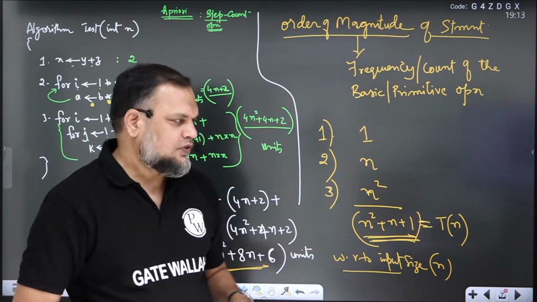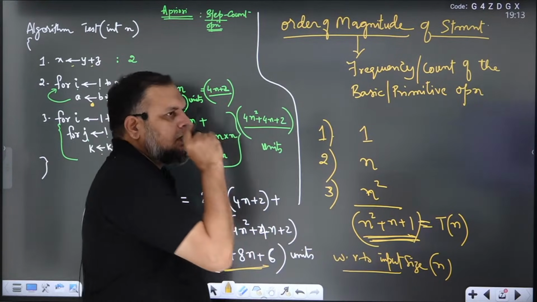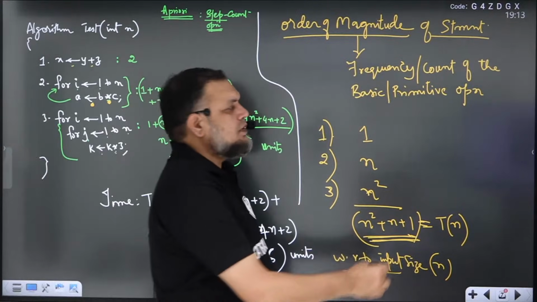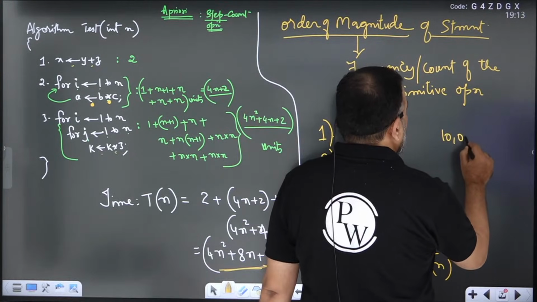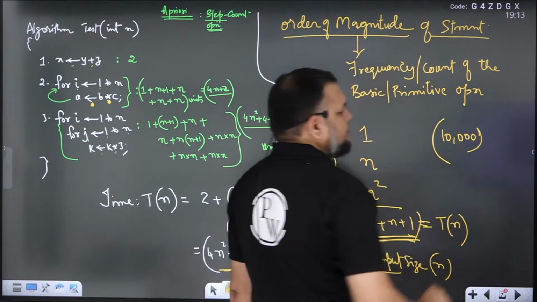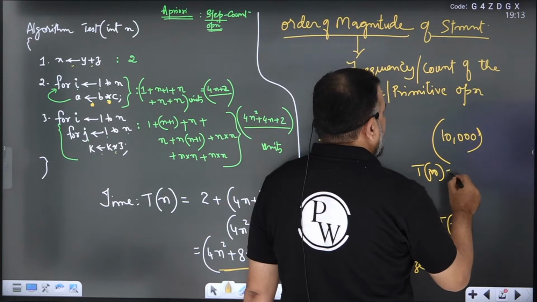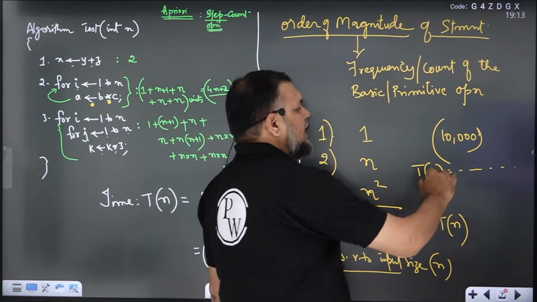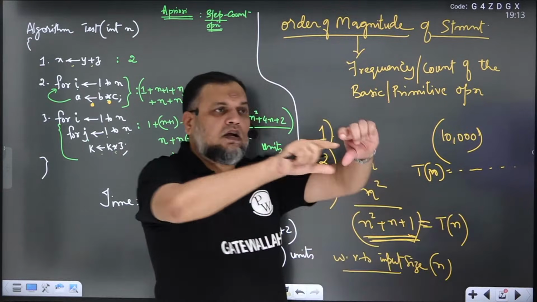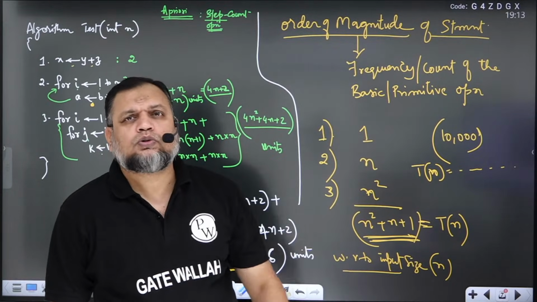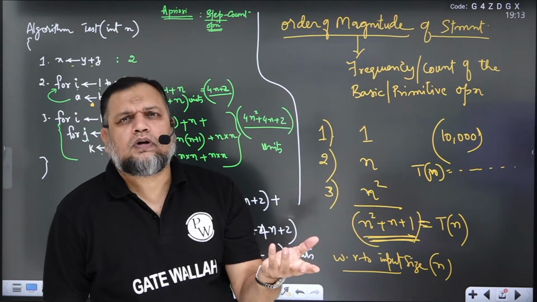नंबर वन reason is, see यहां पर तो 3 steps थे algorithm में, हमने 3 terms लिख लिया, it is okay. लेकिन अगर मान लीजिए मेरे algorithm में 10,000 steps हैं या 1 लाख steps हैं, then my time complexity function T of n may have 10,000 terms. तो हम बोलेंगे time complexity is represented by 10,000 terms, a function with 10,000 terms, which looks very clumsy, which looks very awkward, right?